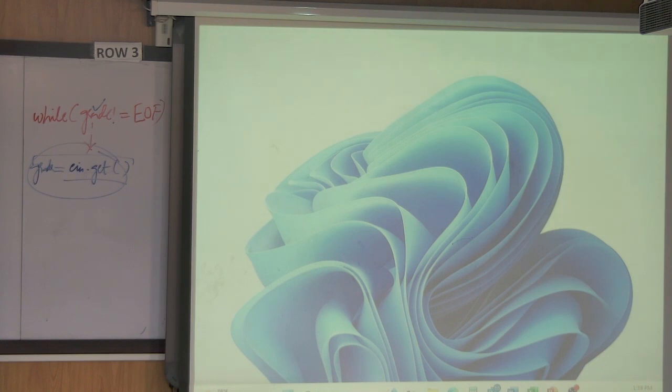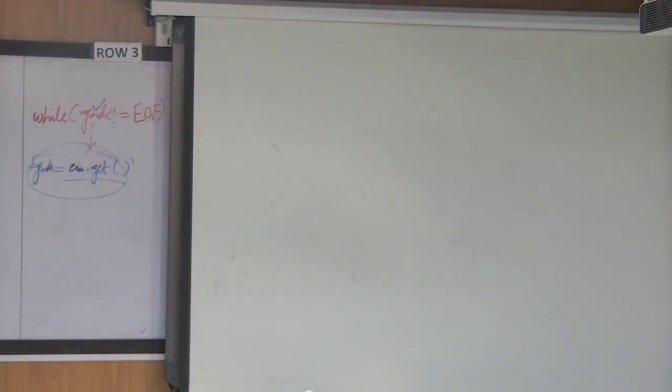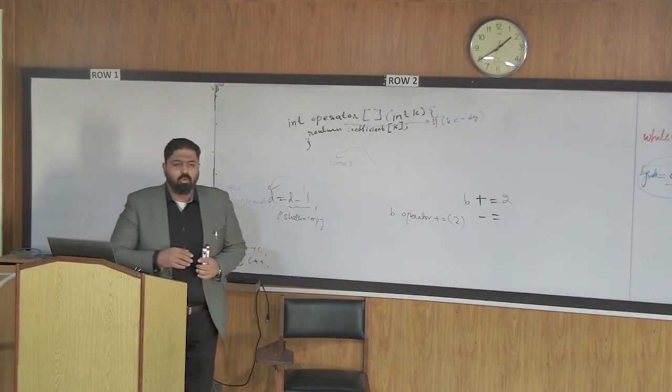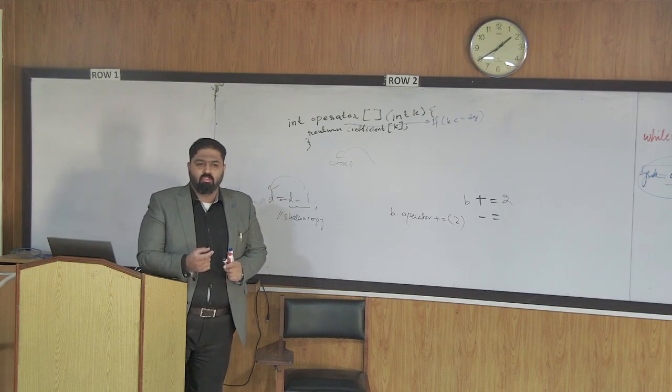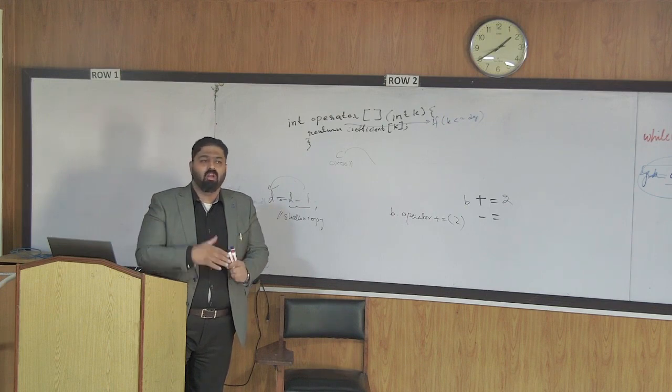Okay, next, at times we come across some scenarios in which we have to execute certain steps or set of statements based upon value of couple of variables. It could be couple, it could be more than couple of variables.